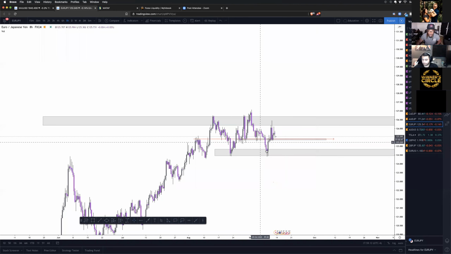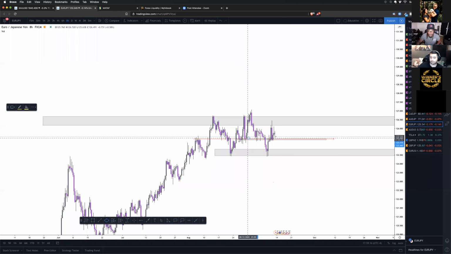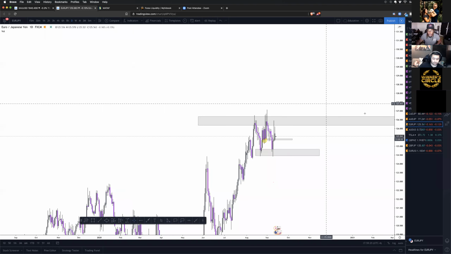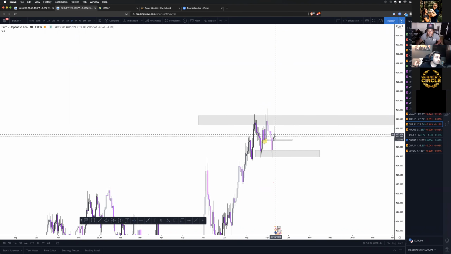Structure was broken, forming a new low. Broke structure over here. Broke past these previous higher lows, came up, formed a lower high. So I would say bearish, but then looking at the daily, still pretty bullish. So I think maybe early in the week, we could see a test of 126 again.